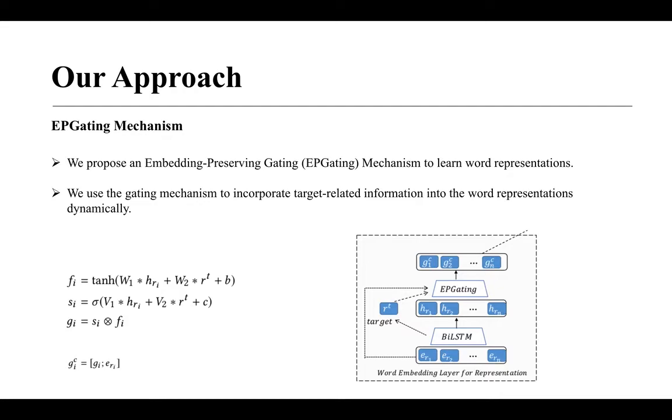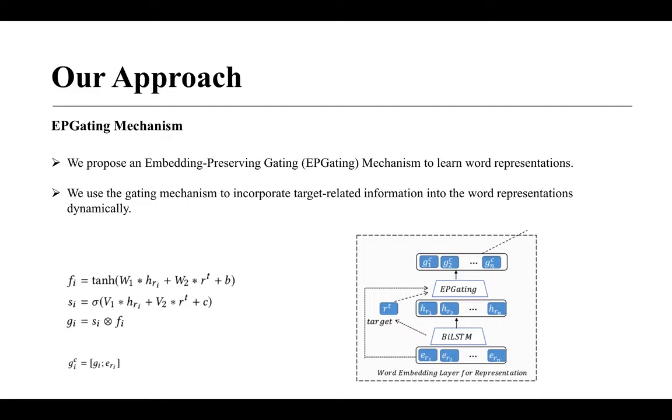The gating mechanism acts on the contextualized feature (HRI). It may discard some original information which might be useful for sentiment classification.